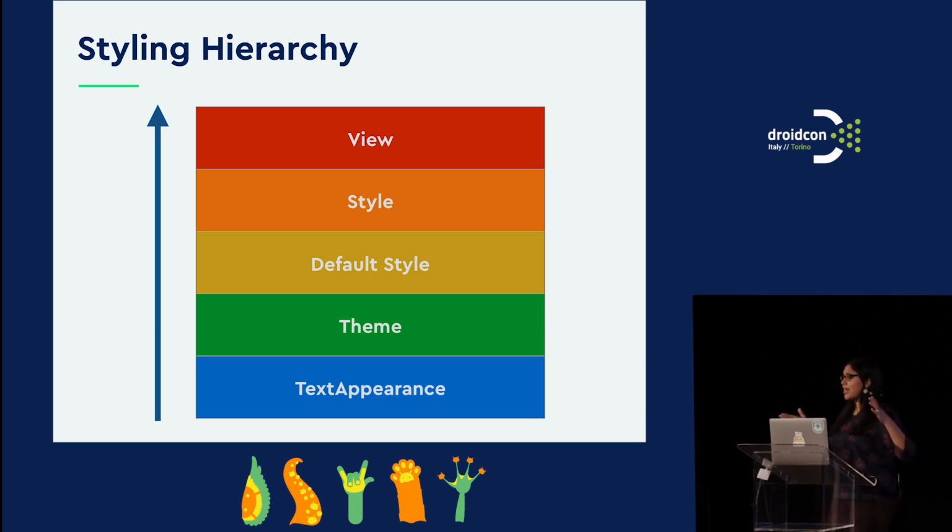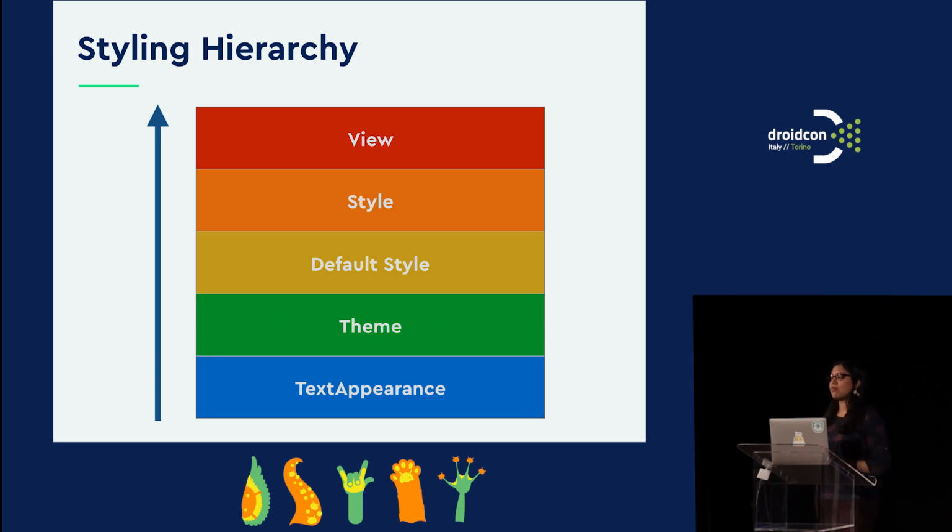And it's something you may have never set yourself, right? But it's overriding what you set. So it can be quite confusing, but hopefully knowing that there is this styling hierarchy can help us debug it better going forward.